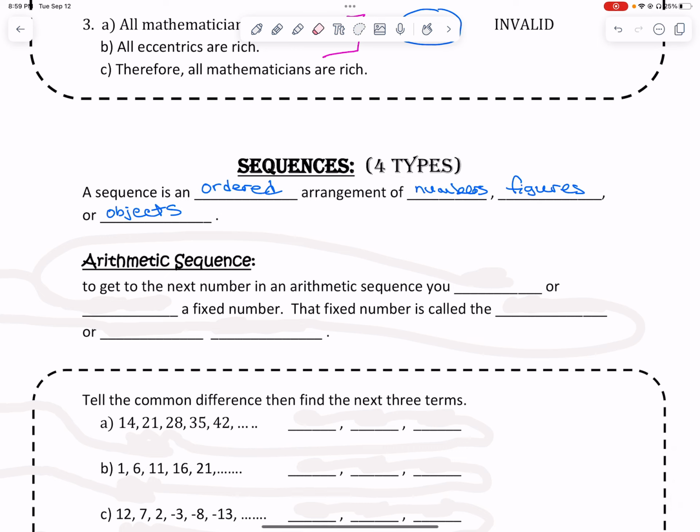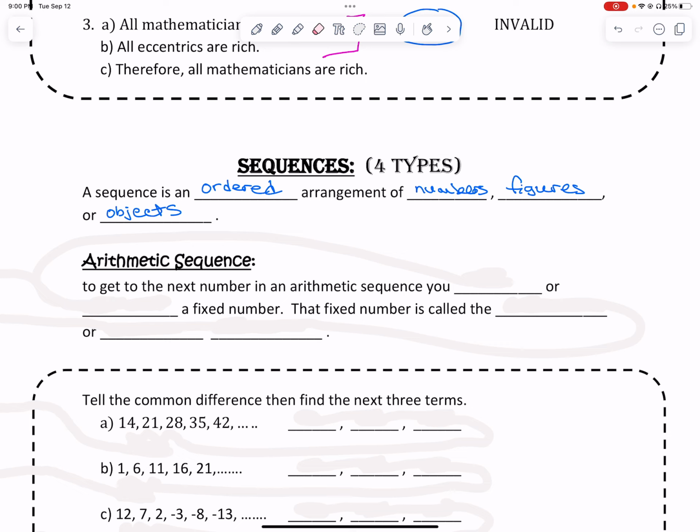A sequence is just an ordered arrangement of stuff, either numbers or figures or objects. The patterns that we looked at, where we had the rectangle, triangle, star, rectangle, triangle, star, would be a sequence because it is an ordered arrangement of objects.